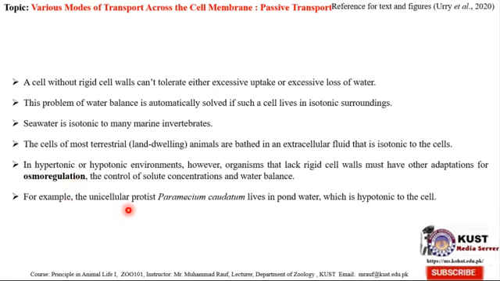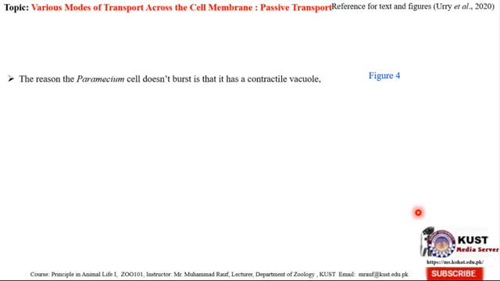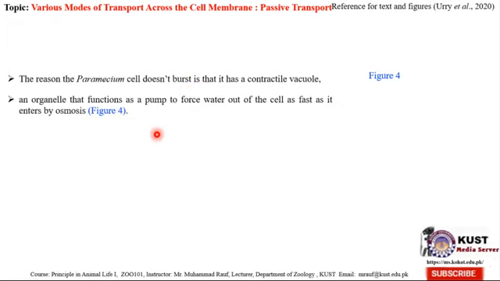For example, the unicellular protist Paramecium caudatum lives in pond water, which is hypotonic to the cell. So the Paramecium cell has some kind of adaptations to cope with that environment, and the Paramecium cell does not burst because it has a contractile vacuole, and this contractile vacuole pumps excess water outside the cell as fast as it enters by osmosis.